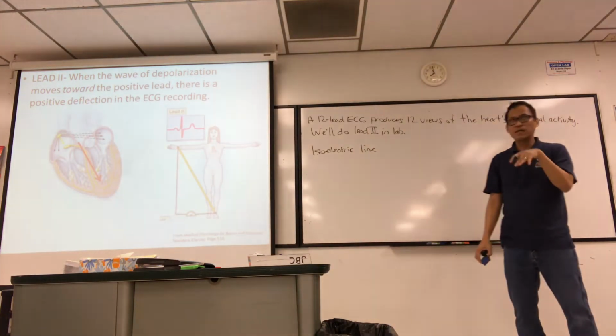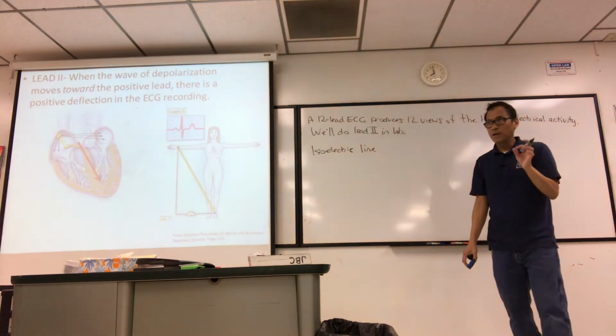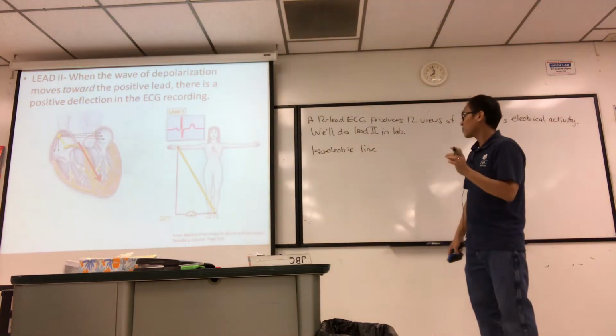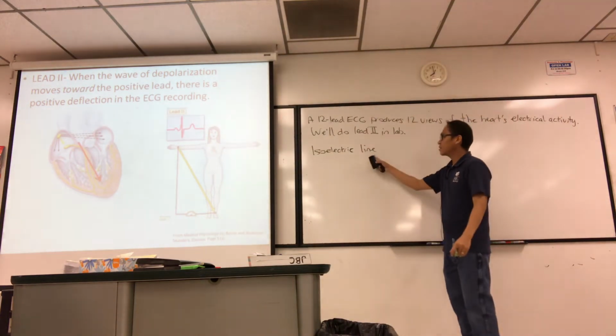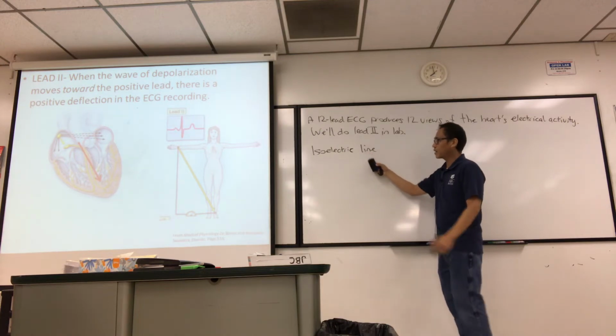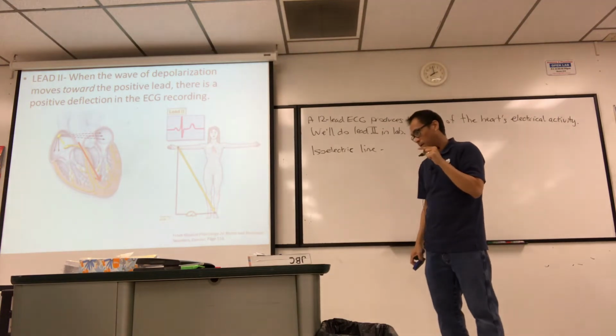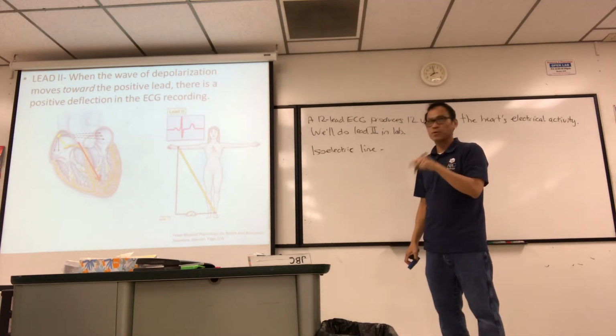If you see a deflection from the isoelectric line, that simply means that the depolarization... well, actually, let me define this. If you're flatlined, if you're at the isoelectric line, what that could mean is the depolarization is traveling perpendicular to your lead.